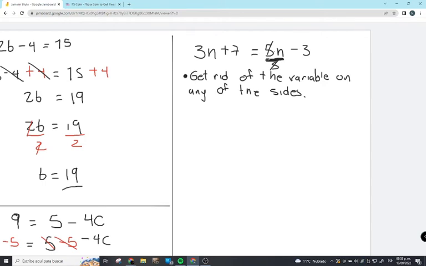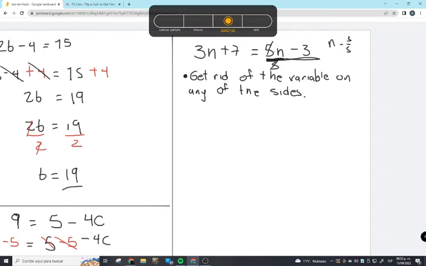When you do something on one side of the equation, you have to do it to everything. This is really inconvenient because we are going to get something like 3 minus 3/5, and we have to do the same on the other side, and it's really, really messy. So this is not convenient.